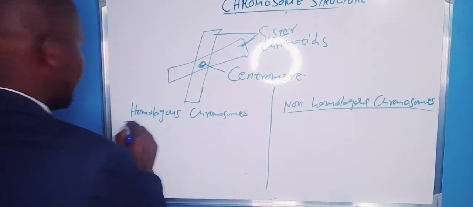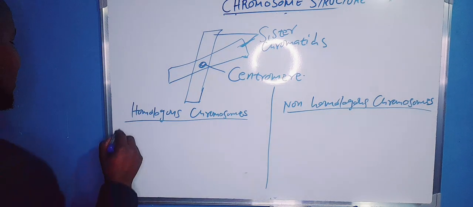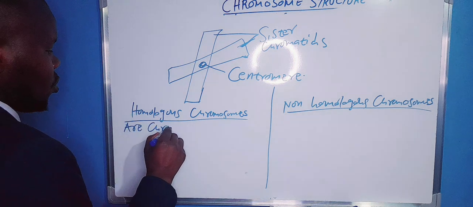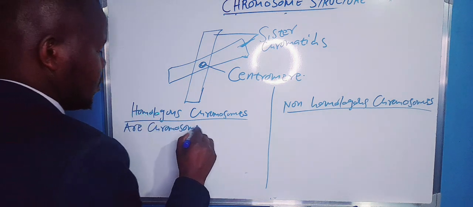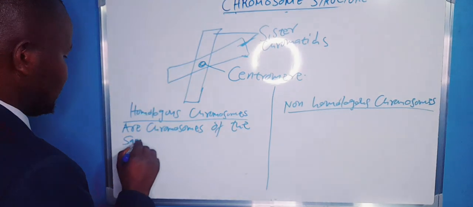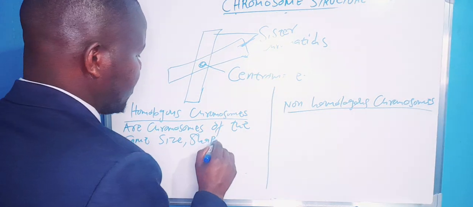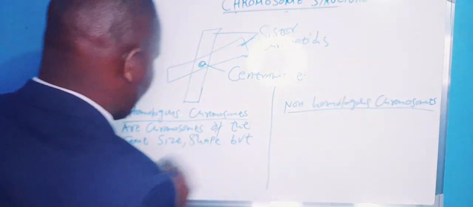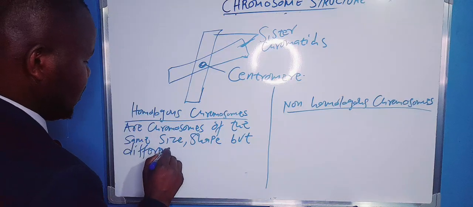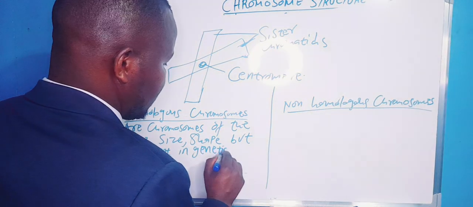What's the difference between this one? This one will be of the same size. Are what? Chromosomes of the same size, shape, but different in genetic makeup.